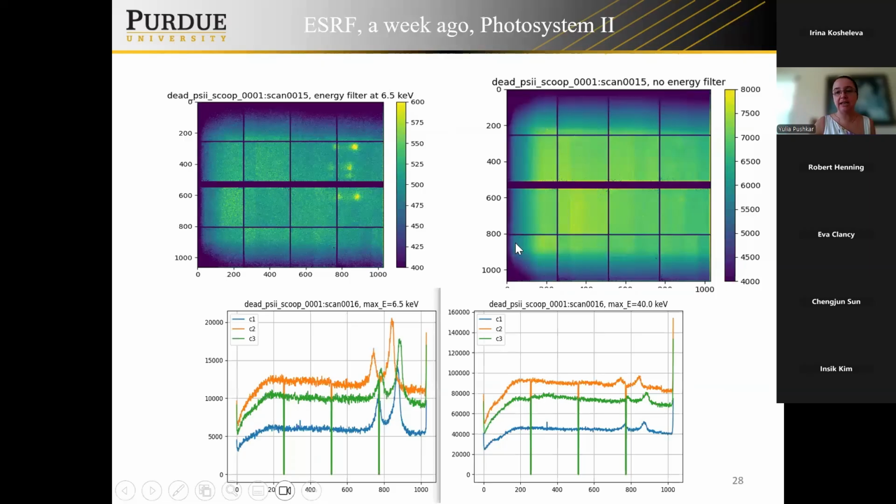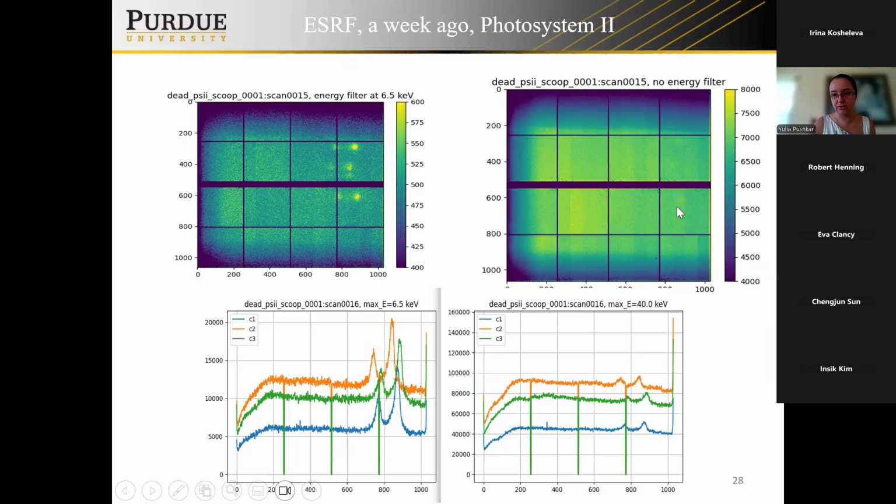Because this beamline has certain shortcomings in comparison to BioCARS, at least as we understood it, like high contamination of second harmonic, etc. If you don't do any energy filtering on the detector, you have a picture like this. PS2 is impossible to see. If we had come there with the Pilatus, we would just have packed everything and gone back, because we would have had no data whatsoever, or very poor signal to background data.